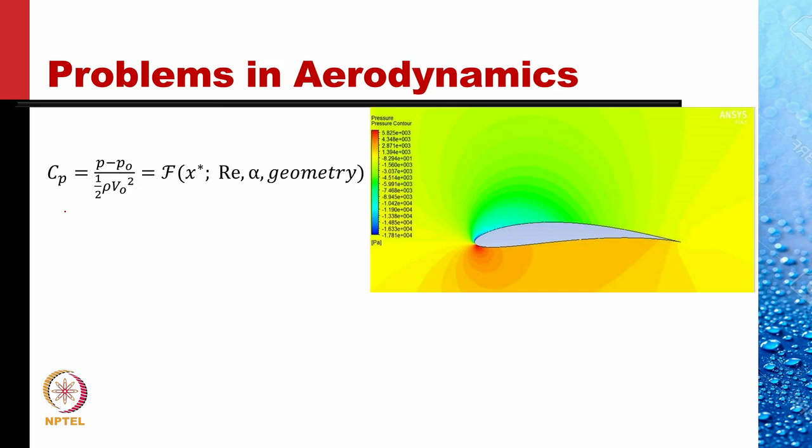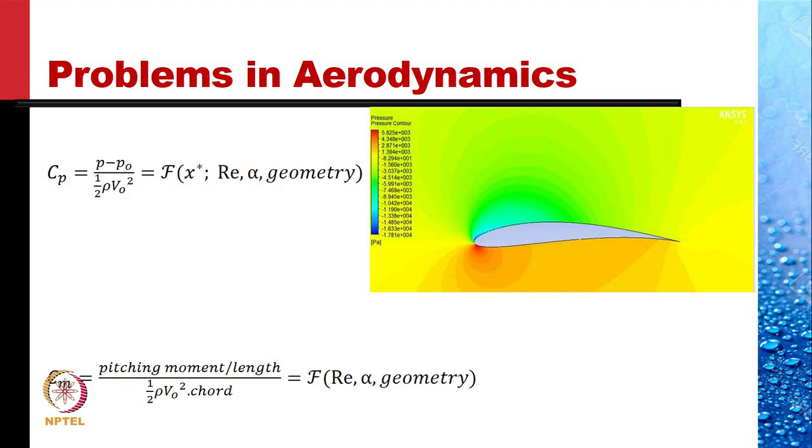And this dependent variable should be a function of the independent variable x star, the location on the surface of the aerofoil, and the parameter Re, the Reynolds number, because the Froude number as well as the Euler number would not occur. And this will also depend upon alpha, the angle of attack, and the geometry of the aerofoil.